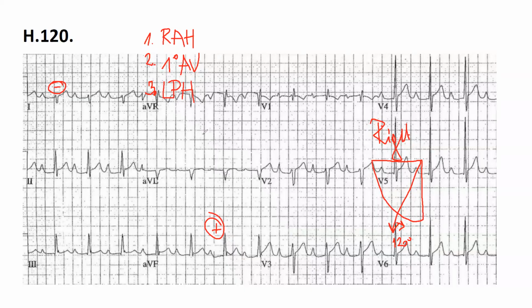Right deviation can be due to right ventricular hypertrophy, left posterior hemiblock, or WPW syndrome. If you have a lateral MI, it can still cause it. Okay, let's go on.